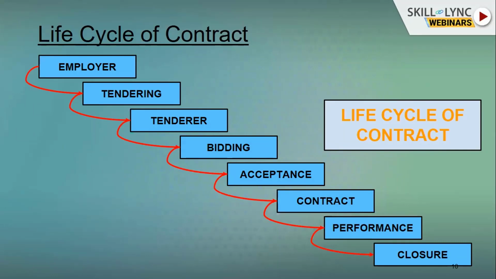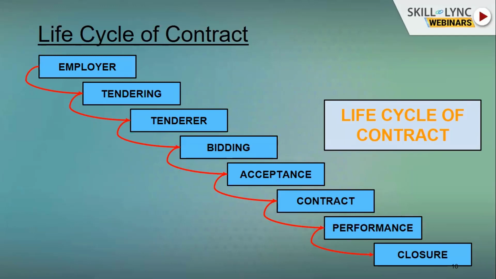Tendering is nothing but the data where everything is compiled: your BOQ, bill of quantities, your drawings, your conditions of contract, different types of data, your payment terms, everything should be there in one thing. That is a tendering. We normally use the word tender in our professional language, but the process is called tendering.